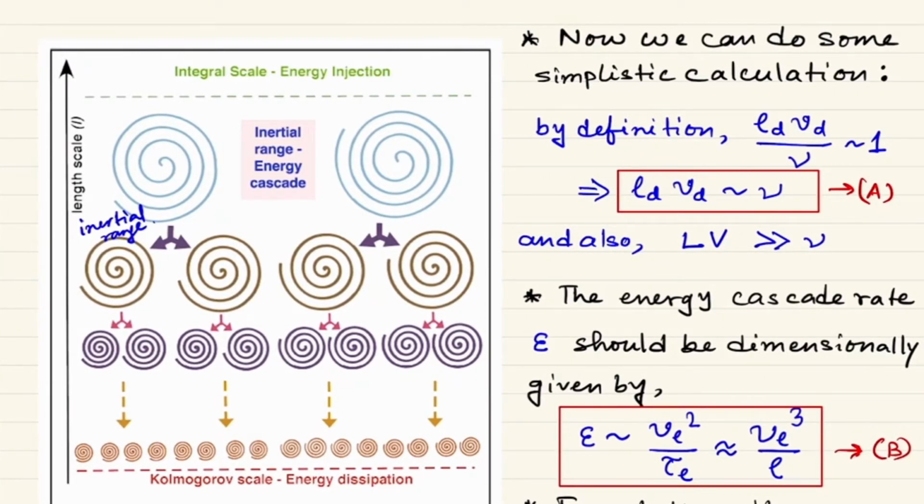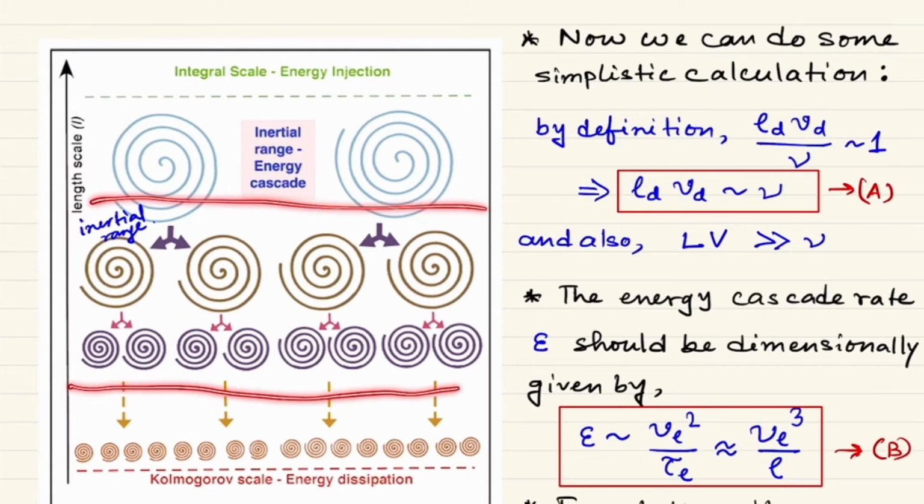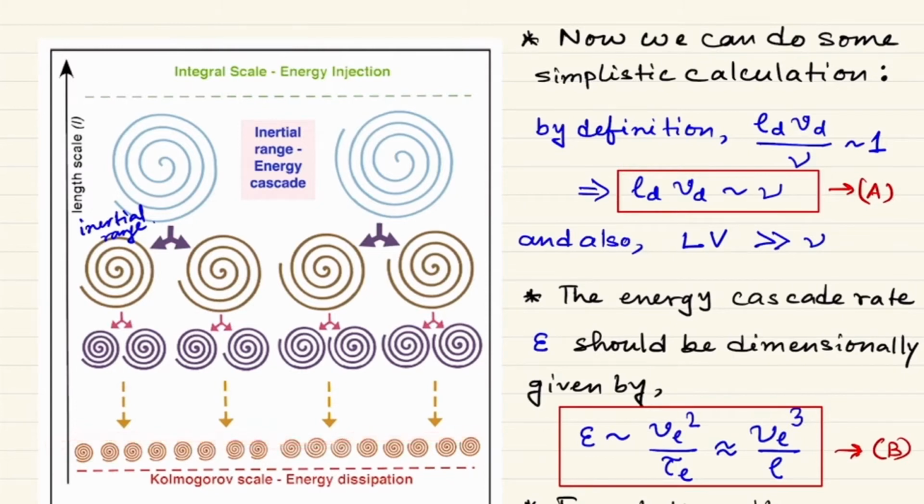Now at this point, we should remember that although we are saying that the inertial range is very far from both these ranges, when we do some phenomenological treatment, we will actually say that the energy injection rate to the system, let's say at some rate, is equal to the energy cascade rate, and that is equal to the viscous dissipation rate, and that is the necessity of having a stationary regime in turbulence.